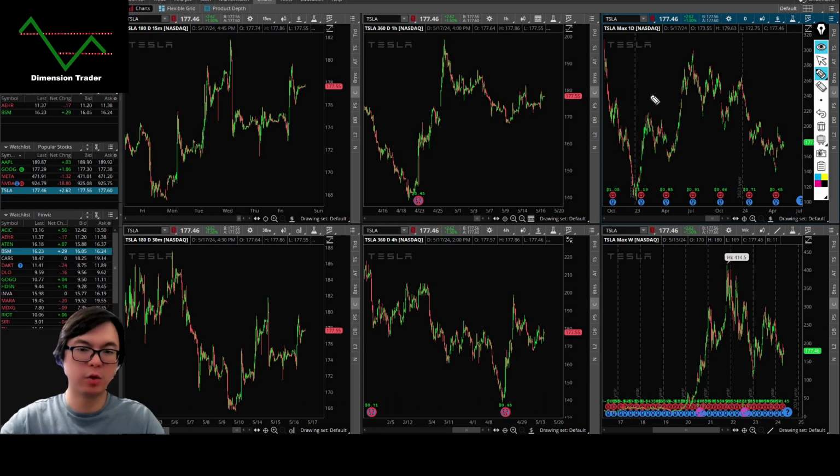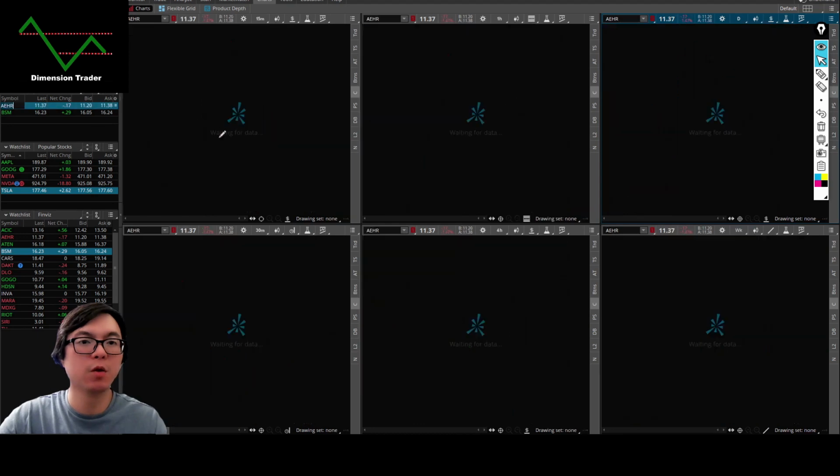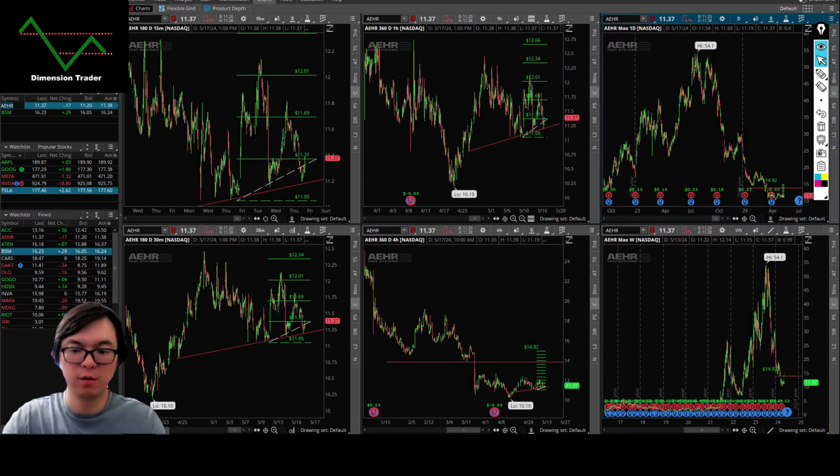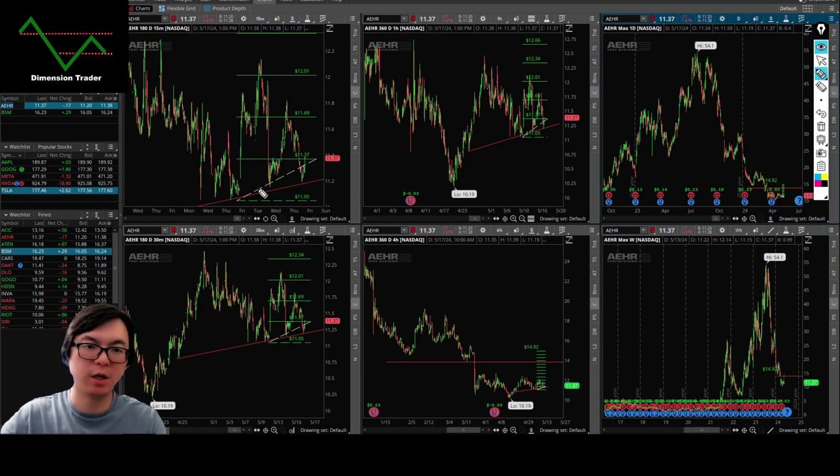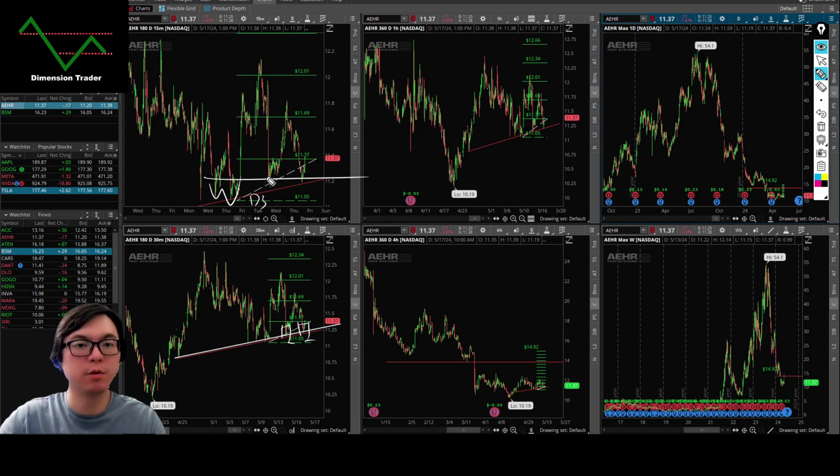Okay, now back to today's pick for Monday. We found the stock AEHR. This is the pair where we found our continuation setup right in this area. We have the trend line being respected with a rejected price candle, and we have dimension 3 with support respected once, twice.